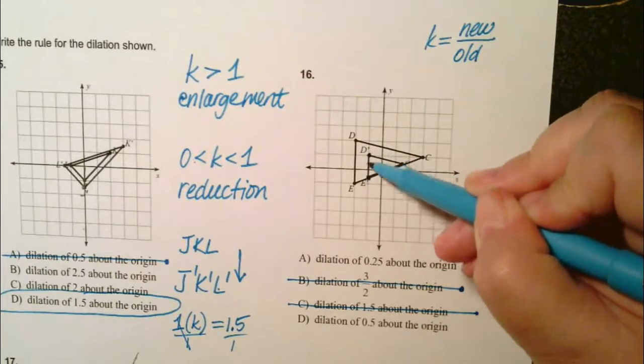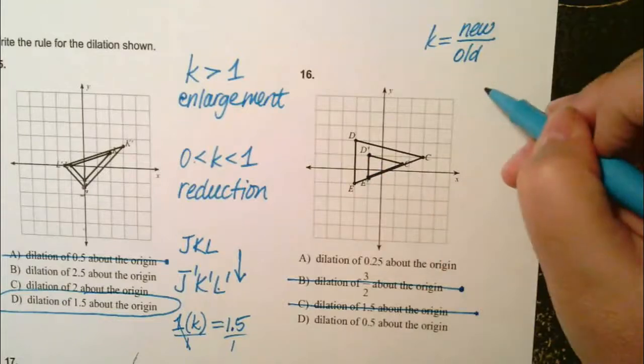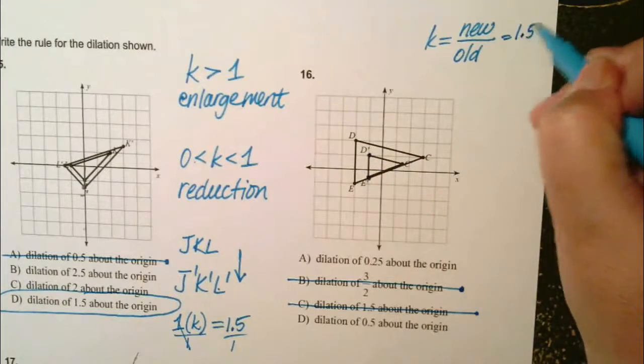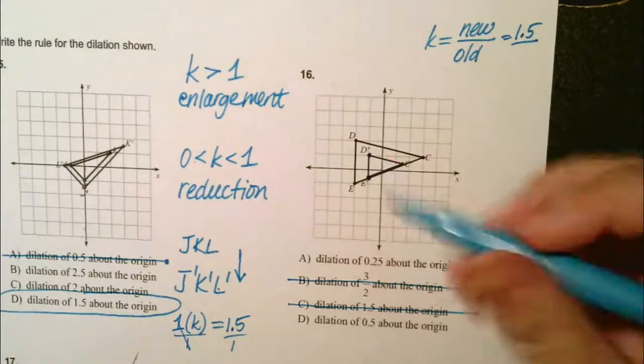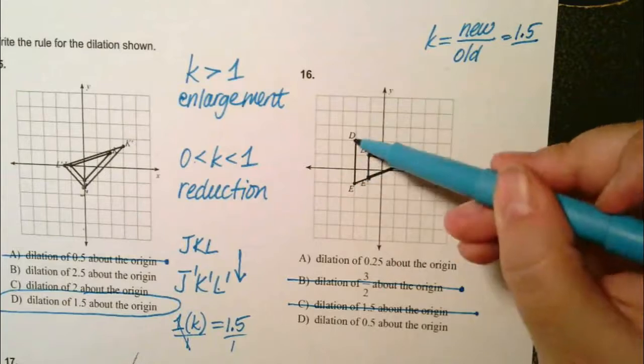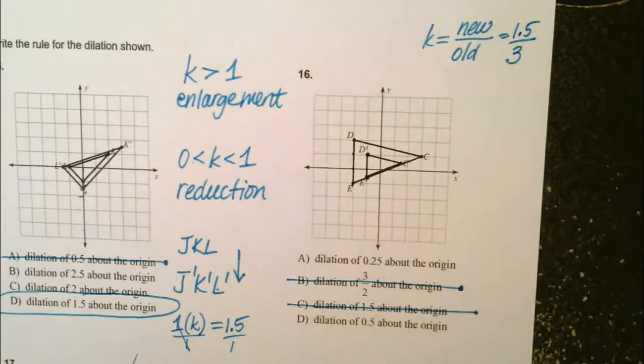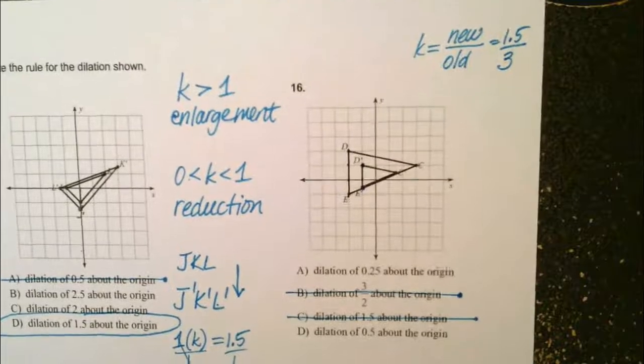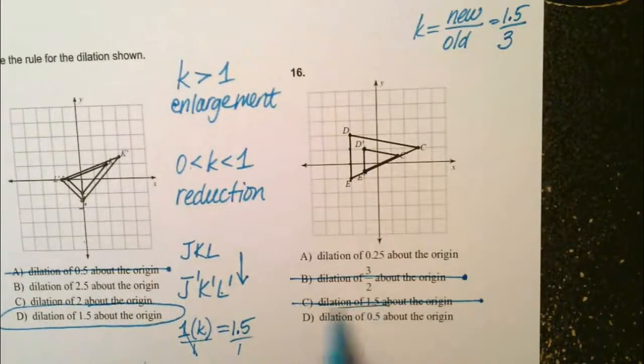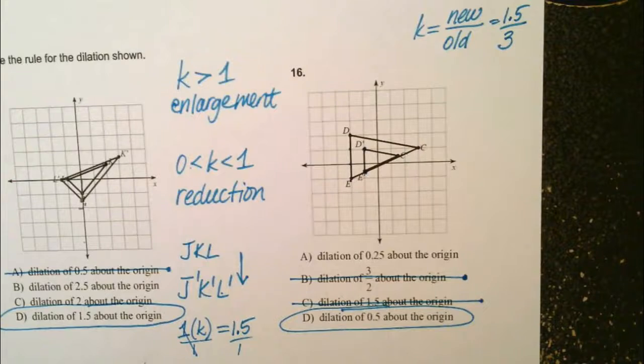So from 1, we have 1.5 is the new distance between D prime and E prime. How far were D and E apart? 1, 2, 3. So what's 1.5 divided by 3? It's 1/2. So that's my answer on that one.